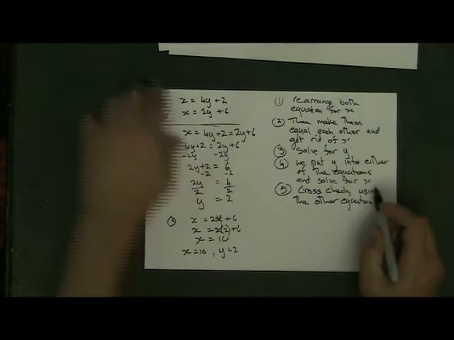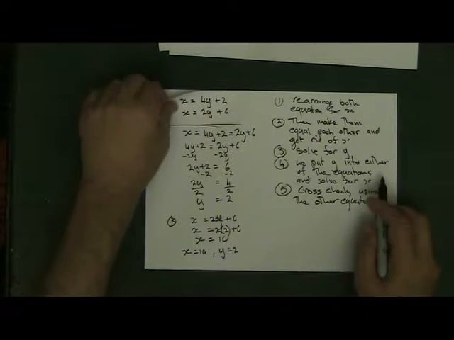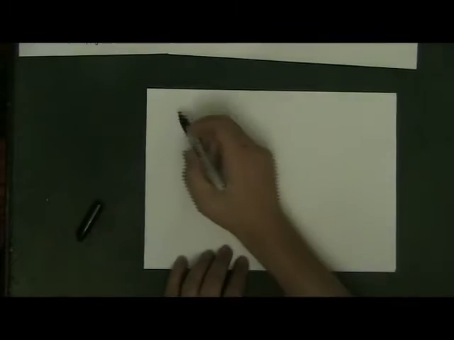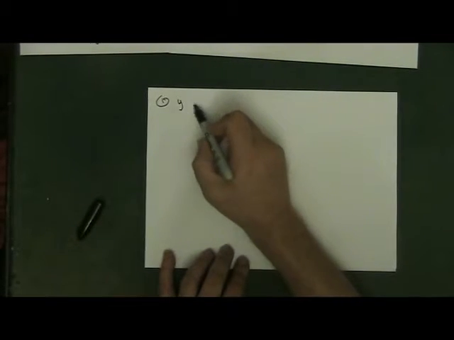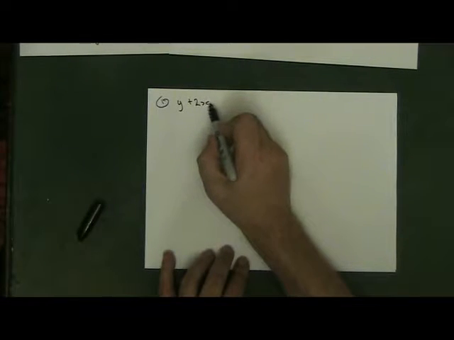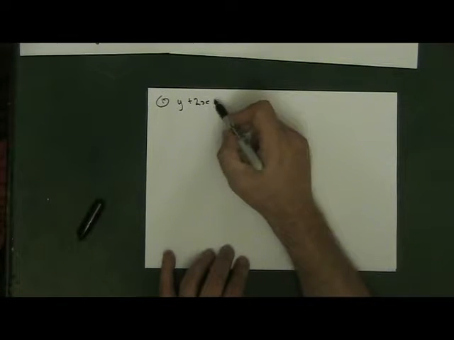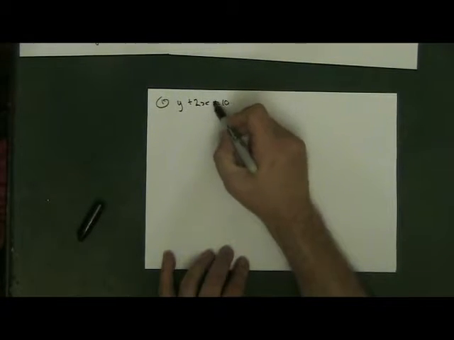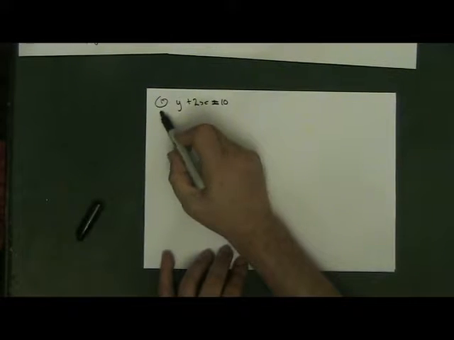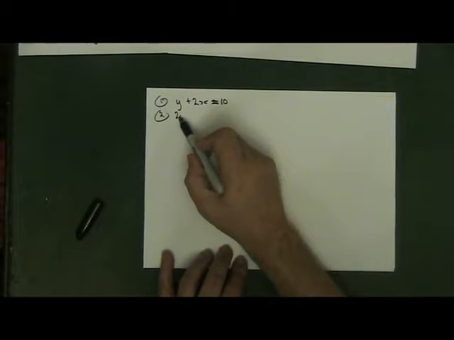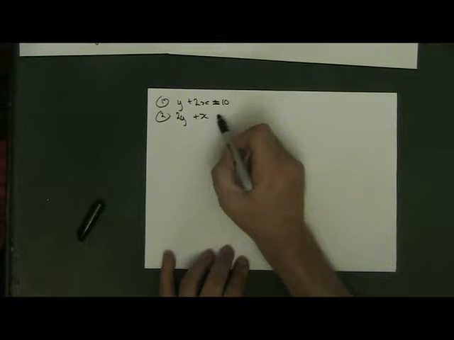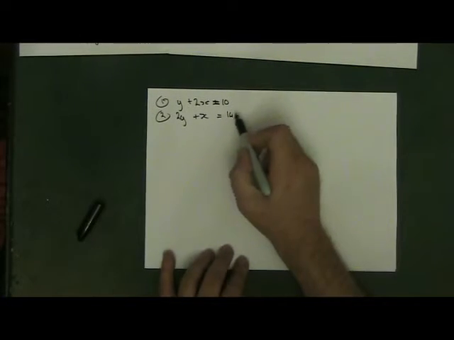Okay, so let's try another example of this. This one's slightly harder. So we've got two equations. Equation 1: y plus 2x equals 10. Equation 2: 2y plus x equals 14.